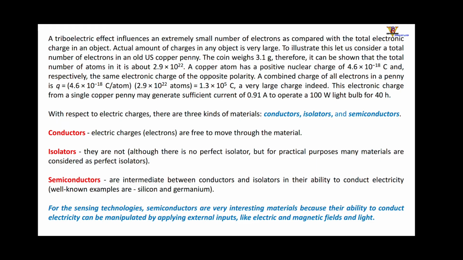For sensing purposes, suppose some electric changes are occurring in a nearby object, and there is a sensor, and the sensor will detect those changes. Then that sensor can produce sufficient electric output by detecting that change. So semiconductors are very important materials for sensing purposes.